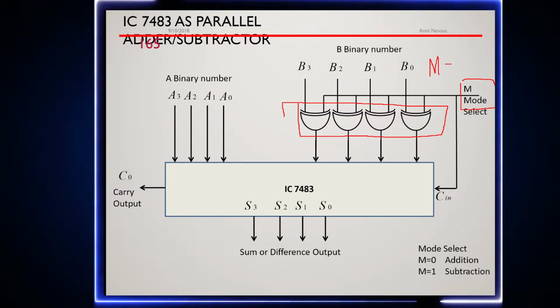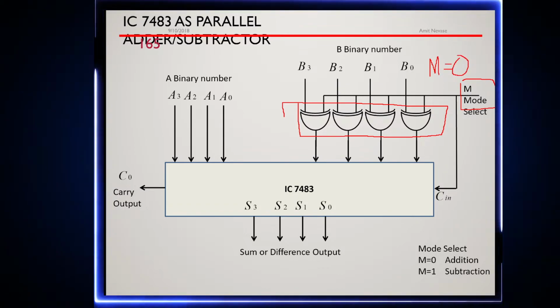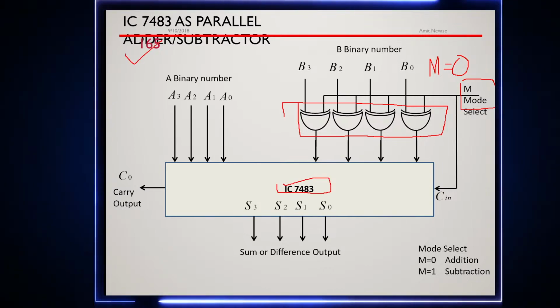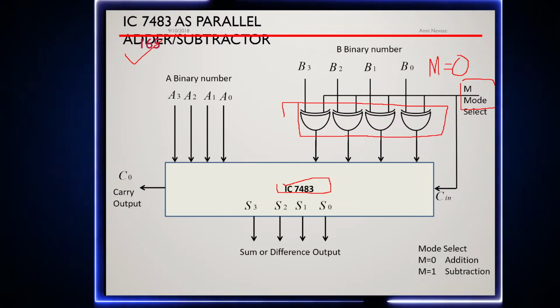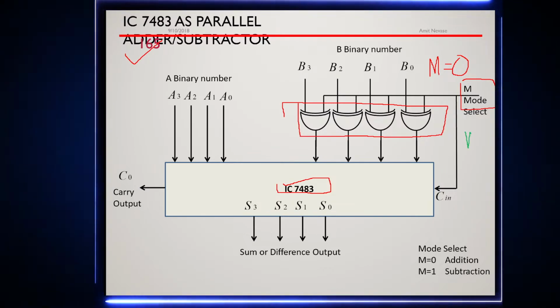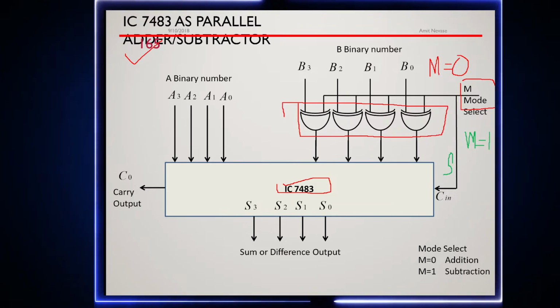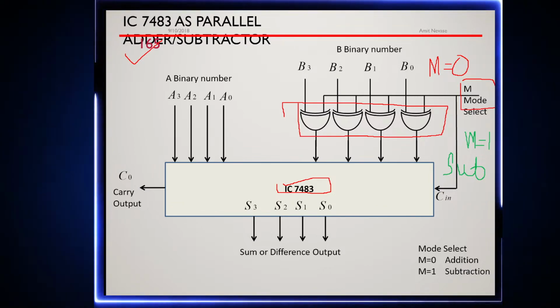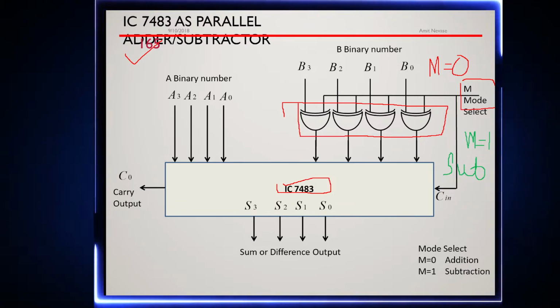When this mode pin is 0, this IC 7483 will act as an adder, right? And when the mode is equal to 1, then it would act as a subtractor.